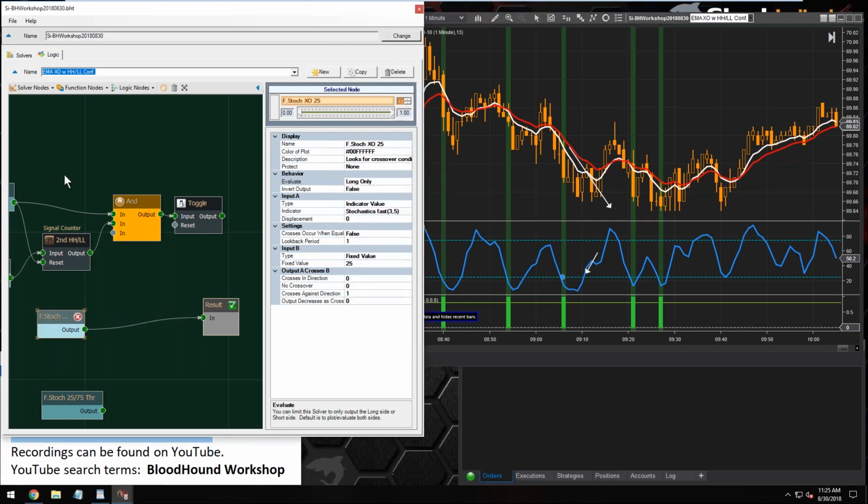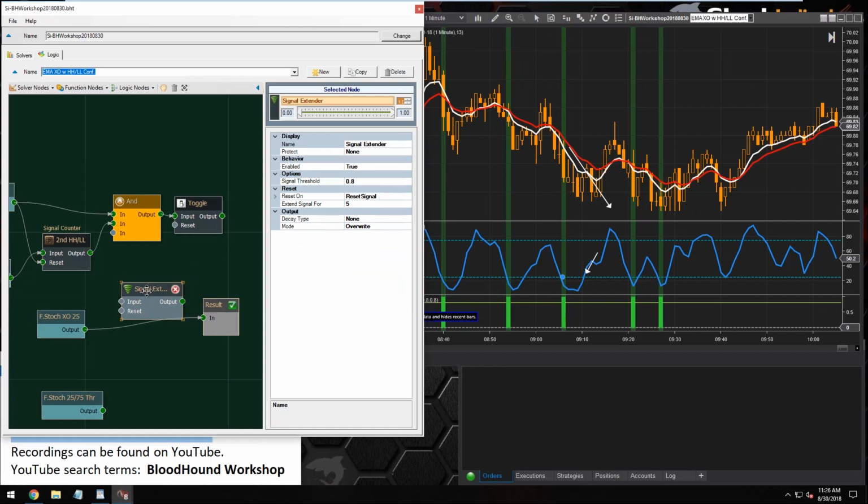Now we can take this and extend that, and I'm going to use a signal extender. I could use a look back to extend that forward 5 bars, but I'm going to use a signal extender.